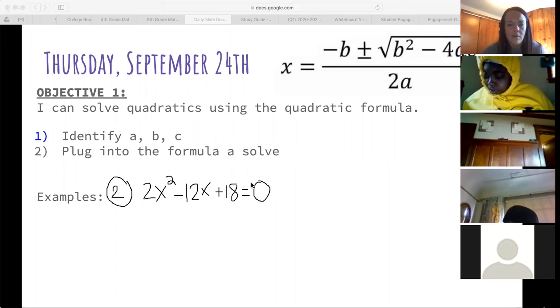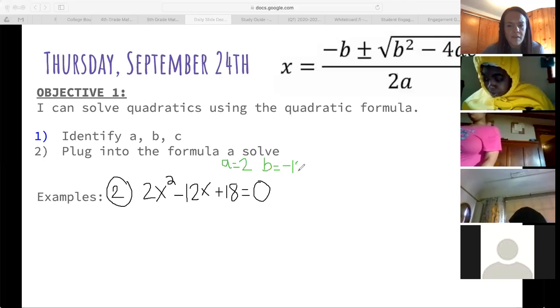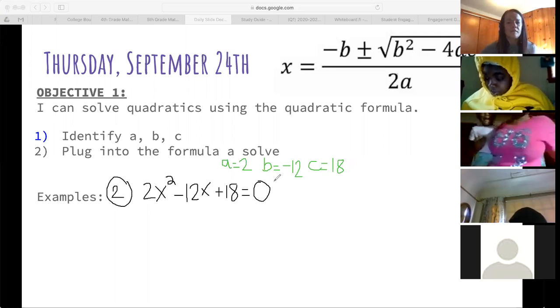All right, so let's start by identifying A, B, and C. I'll put it up here. So A is going to be 2. B is going to be a negative 12. And C is going to be 18. Okay, now we're going to plug it into this formula up here.